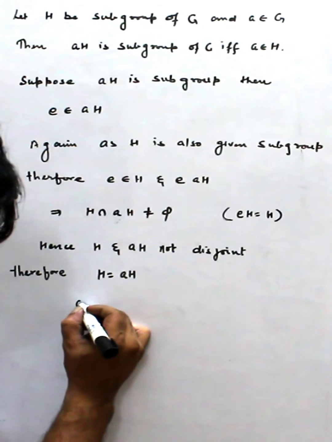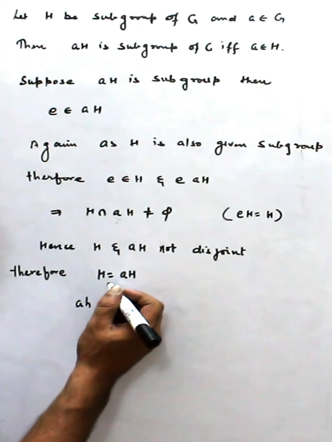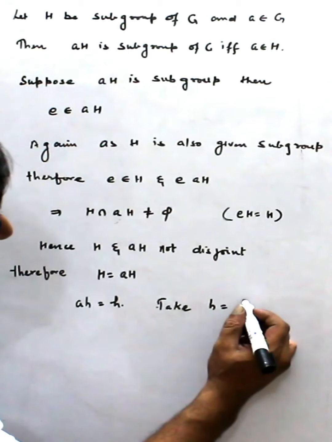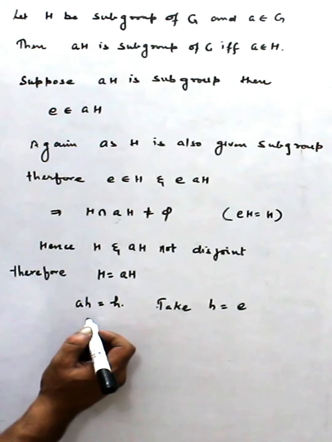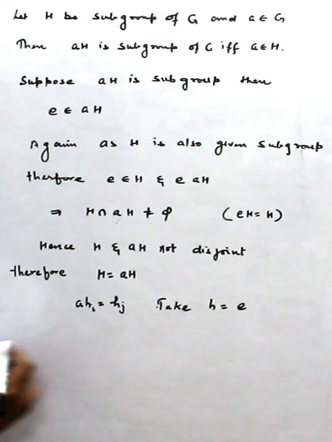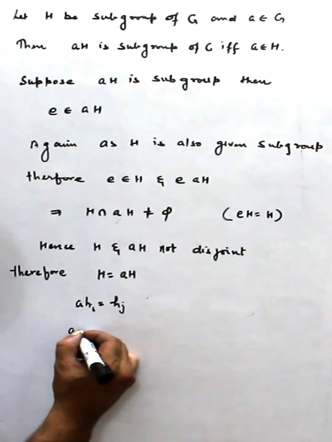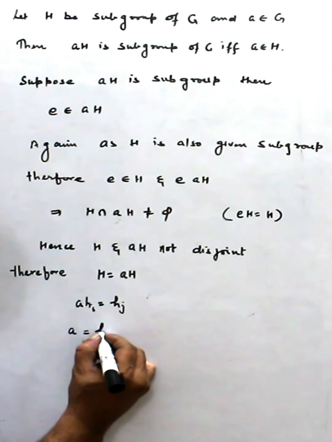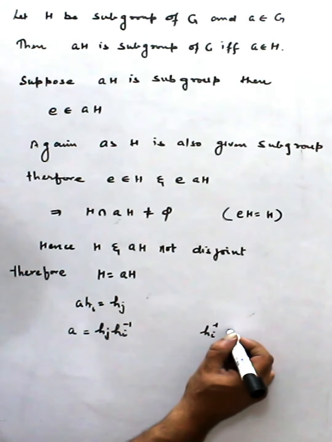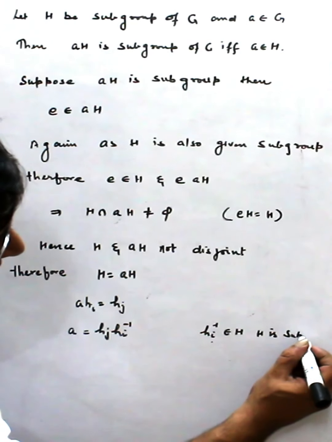So you can say AH is equal to H, or simply if I take H equal to the identity, I can say A equal to H_j H_i inverse. H_i inverse belongs to H because H is a subgroup.